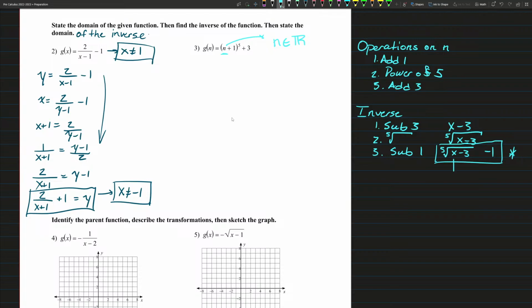It turns out this is also all real numbers, because we can take the 5th root of anything, even negatives. If it was a square root, that'd be a little bit different. We can't take the square root of negatives, but we can take an odd root of numbers. So that's the inverse part.